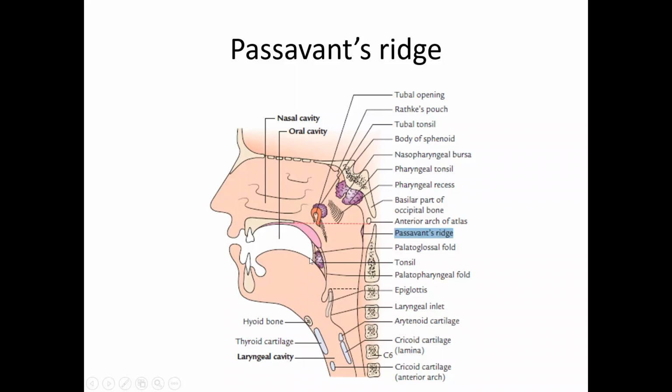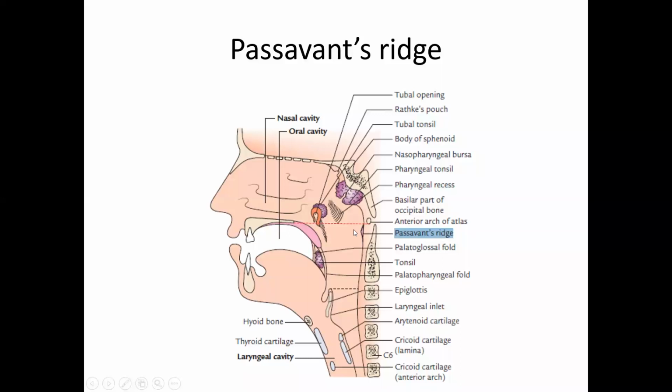At that point of time, palatoglossus and palatopharyngeus were more or less horizontal. When the larynx descends down, the palatoglossus and palatopharyngeus both descend down. Few fibers of palatopharyngeus remain horizontal.